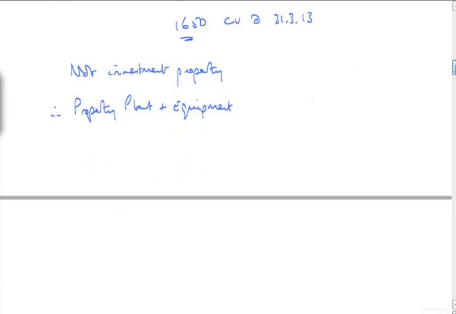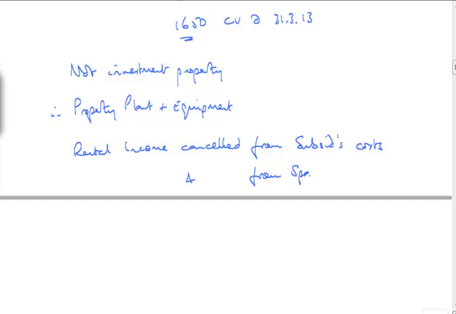And rental income would be cancelled from the subsidiary's costs and from Speculate's sundry income.